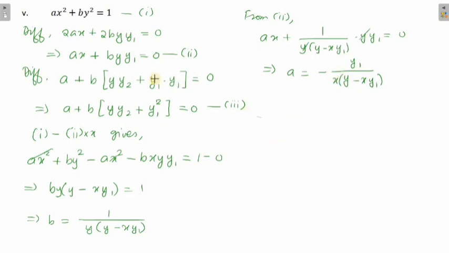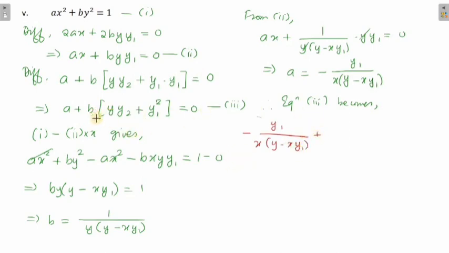Okay, so therefore equation 3 becomes, so we have a is how much? A is, let me use another color for you. So we have a is minus y1 by x into y minus x y1, plus we have b.